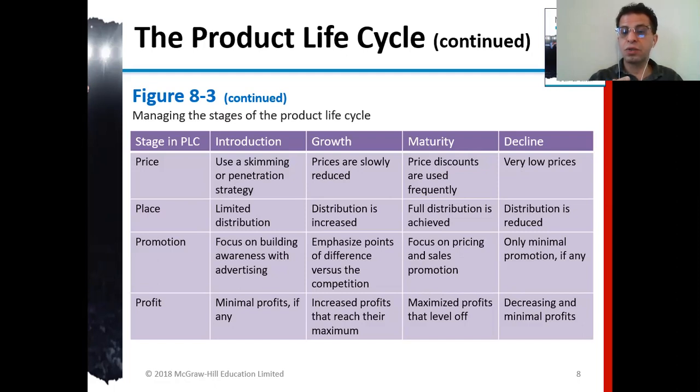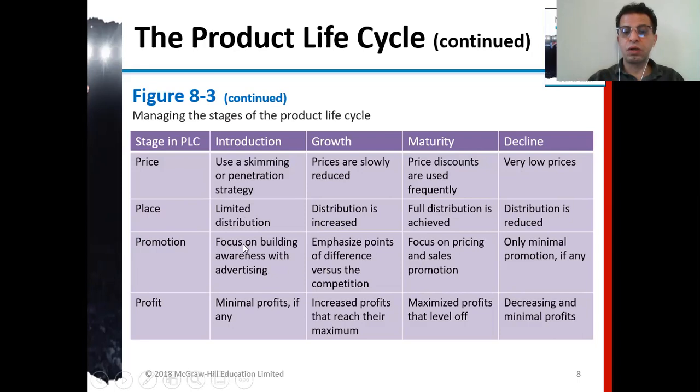And then in the maturity, we started covering Africa and all Asia, the Middle East part of Asia. And in the decline stage, distribution is reduced. So while I'm explaining about the product, you probably need to go through these examples.